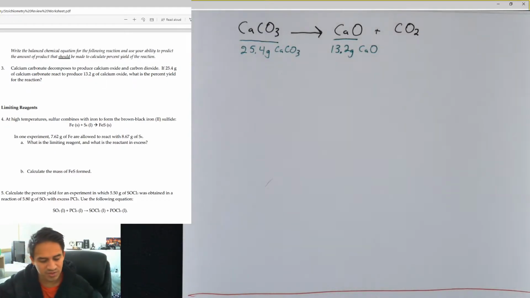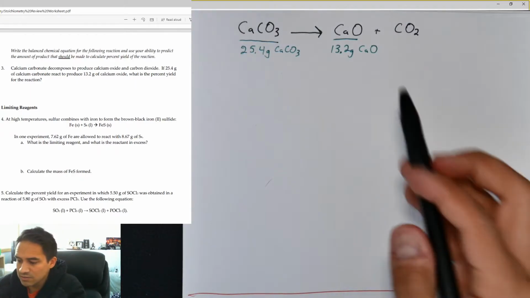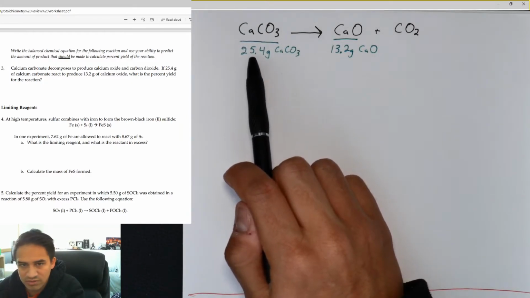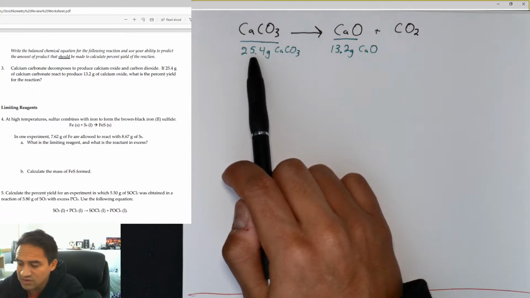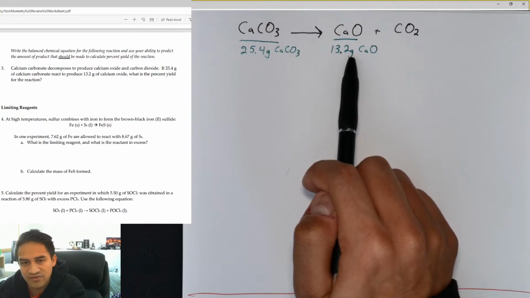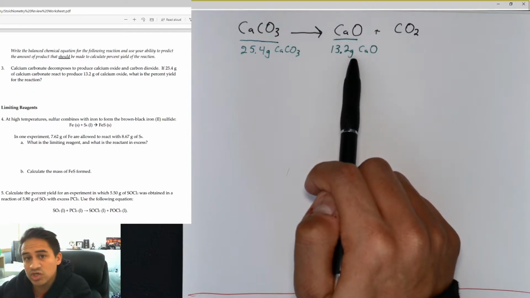All right, so this problem might sound kind of challenging because we might not really know what we are supposed to do. Again, let me explain what the problem's actually asking. So this problem basically is saying if you start with this much calcium carbonate, in real life, this is how much stuff someone is making. However, this number that they're giving us here for this calcium oxide may not be the amount that we could make. We could make more.